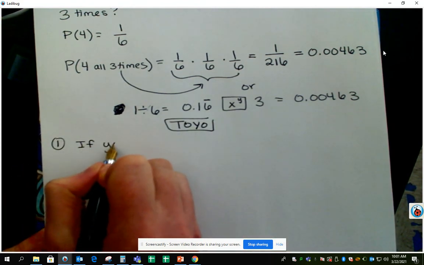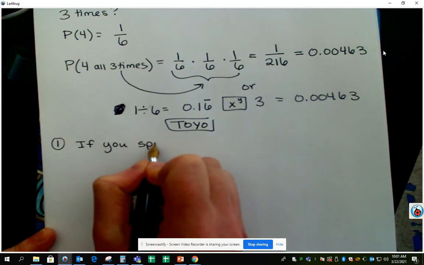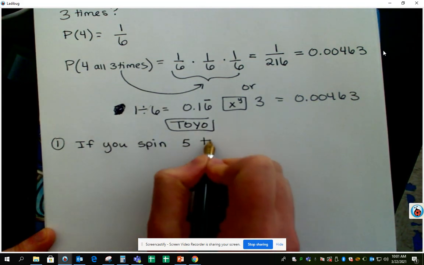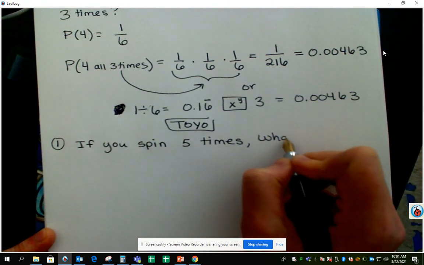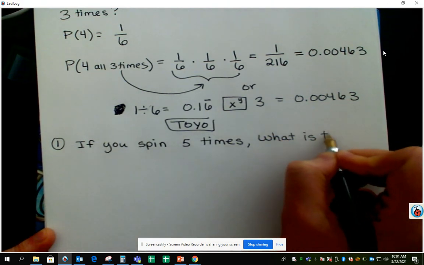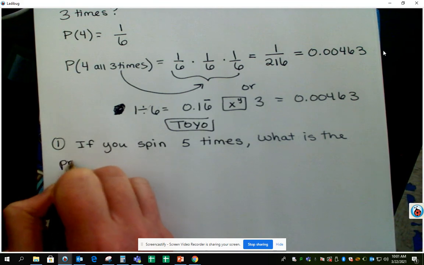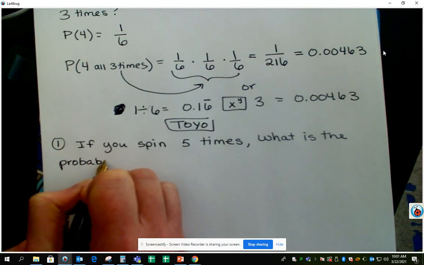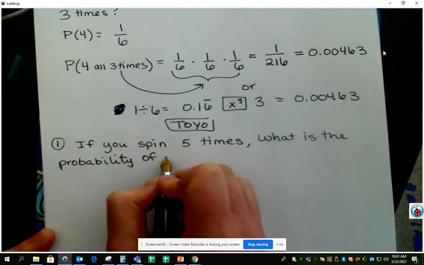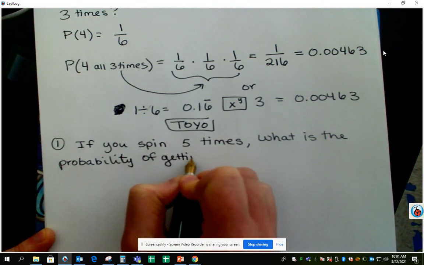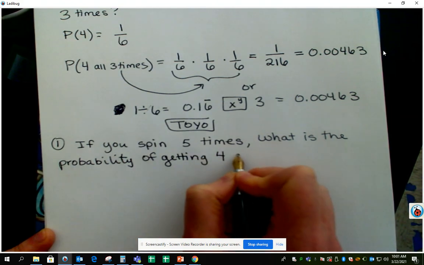So if you spin 5 times, what is the probability of getting 4 all 5 times?